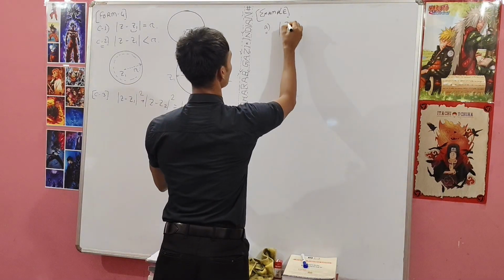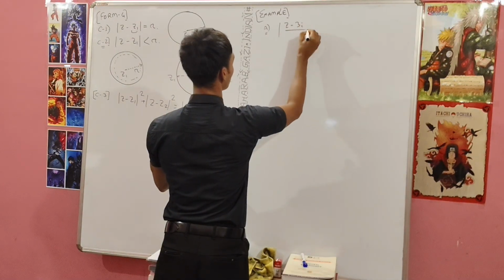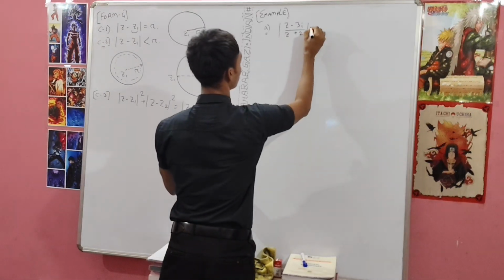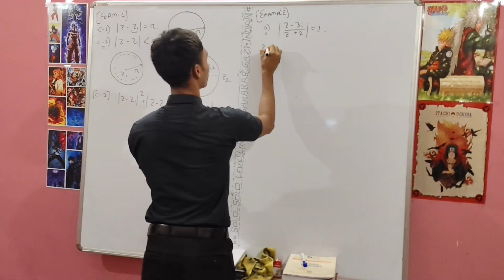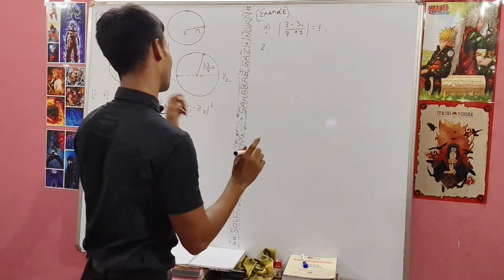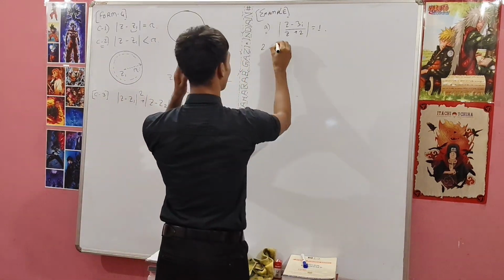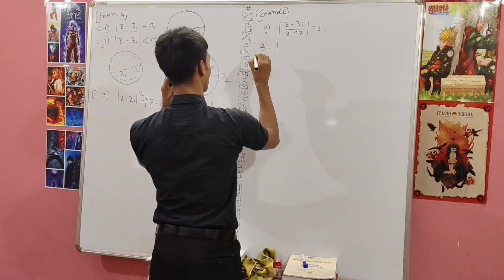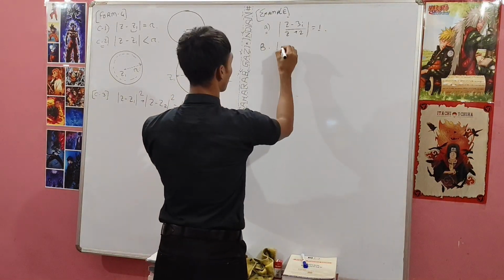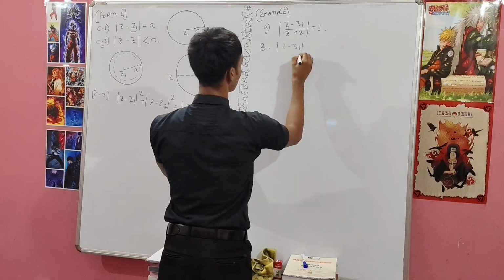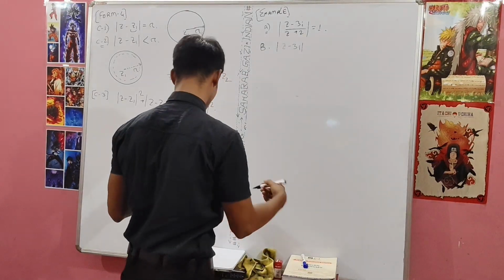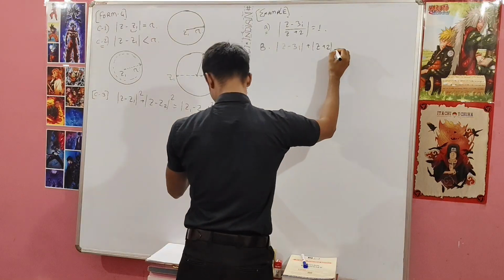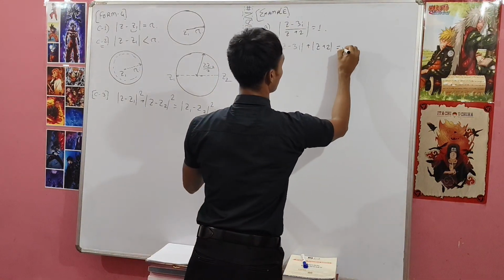First: mod of z minus 3i by mod of z plus 2 is equal to 1. ये मेरे ख्याल से पहला वाला केस में आ जाएगा, yes. Second question is mod of z minus 3i plus mod of z plus 2 is equal to root over 14.